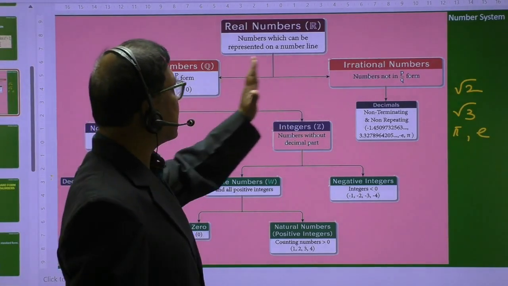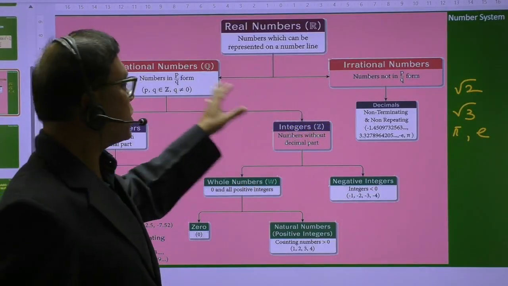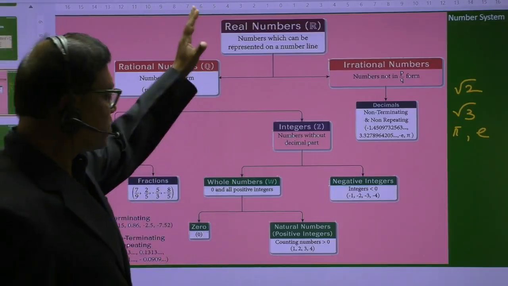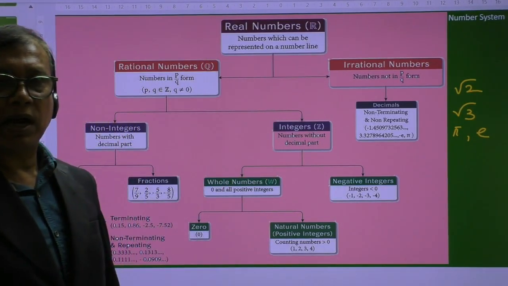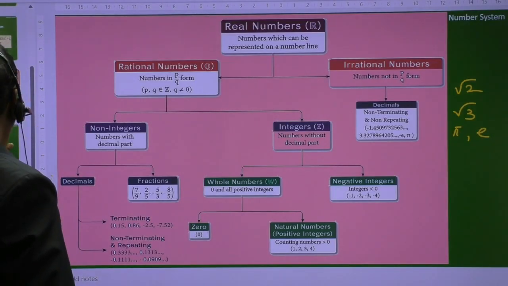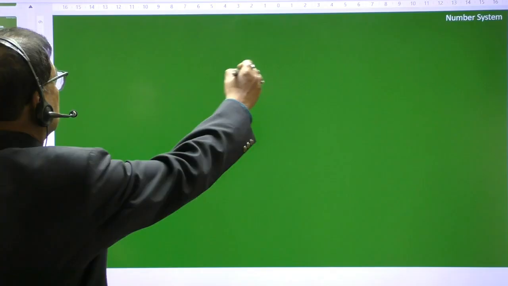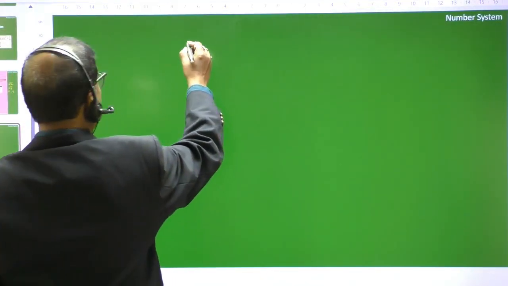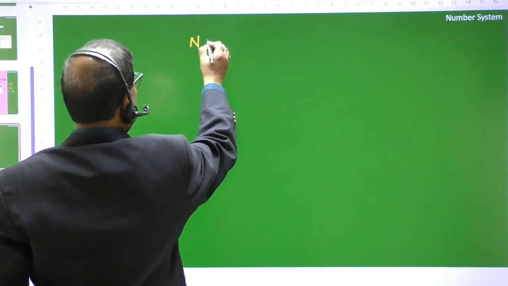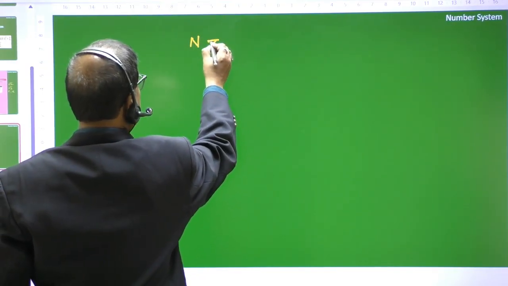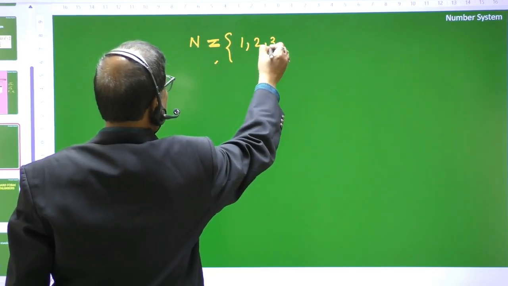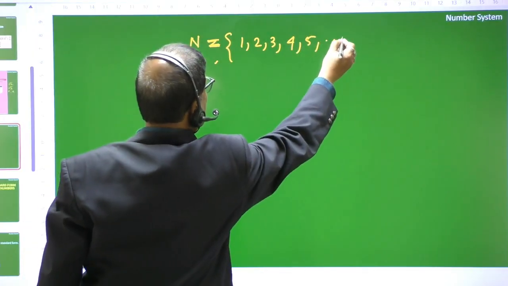Now rational numbers and irrational numbers, if we combine these two, then we are getting real numbers. So this is the total number system. I think this part is clear. Now so we have learned first natural numbers that denote by N, standard symbol, 1, 2, 3, 4, 5 and so on.